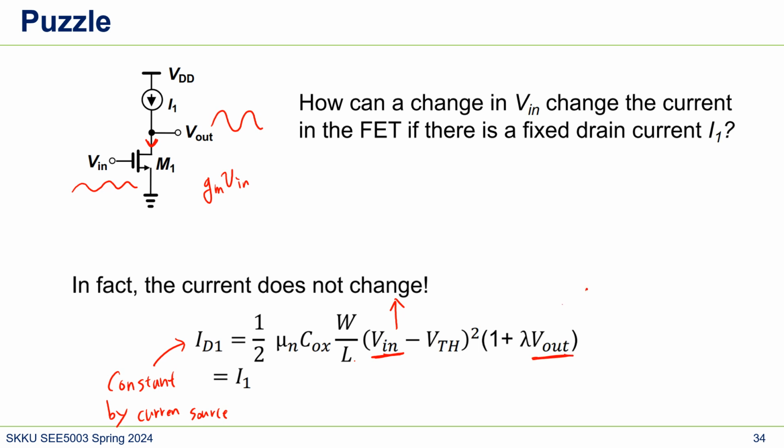Vout must go down, right? That's how a change in Vin translates to a Vout change. Again, the currents are the same. The current does not change, but we can still make Vout move by this equation. So if we increase Vin, since the current is always the same, Vout automatically goes down.